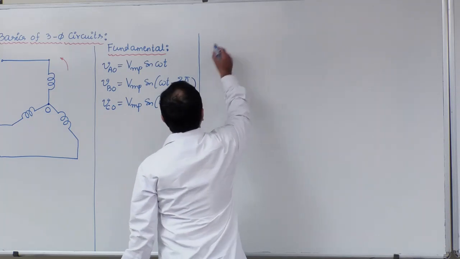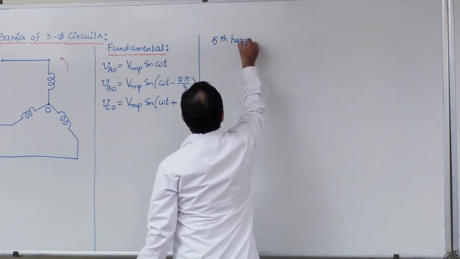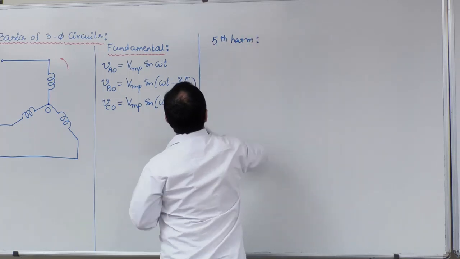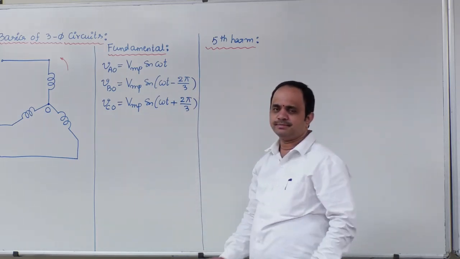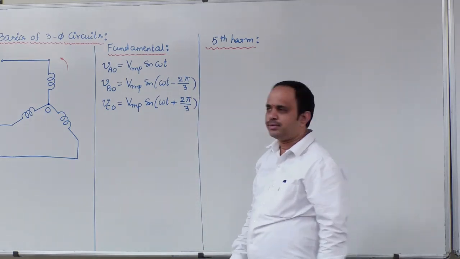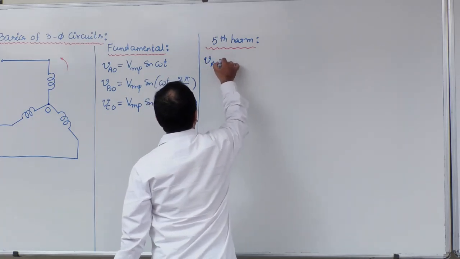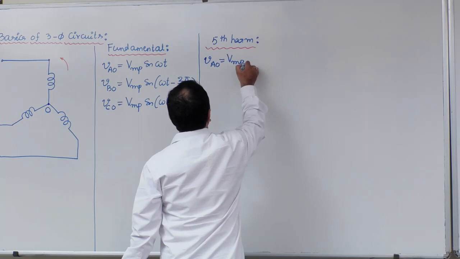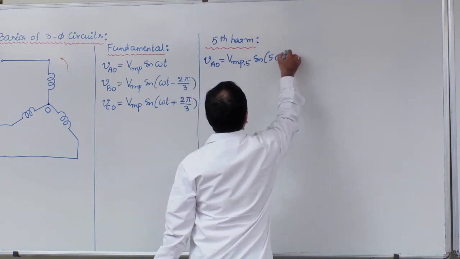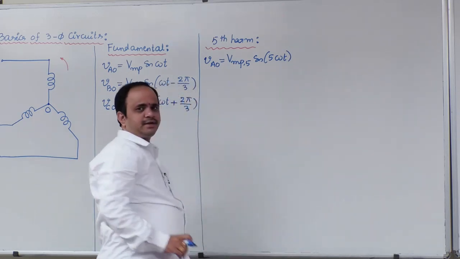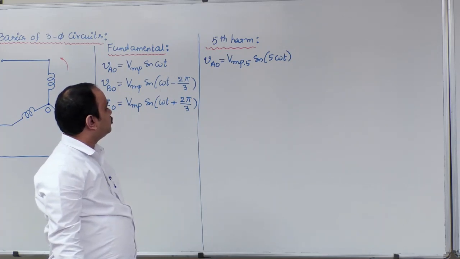Now, I would like to write down the same set of equations corresponding to the fifth harmonic component. Follow carefully, this is a very important discussion. For the fifth harmonic component, VAO is equal to VMP5 sin of 5 omega t.